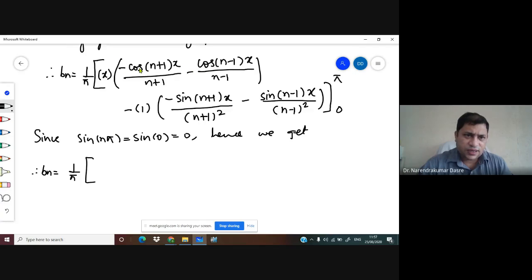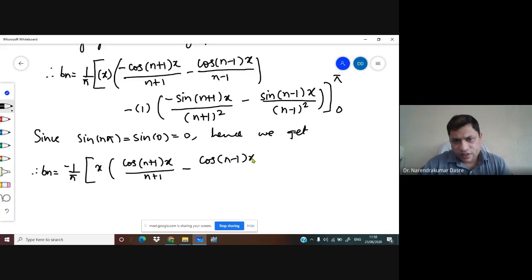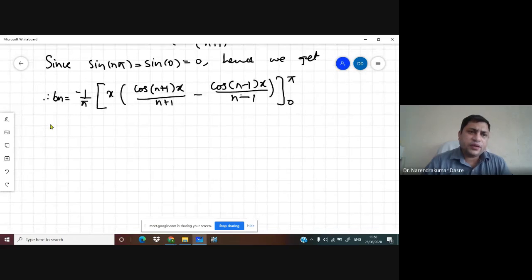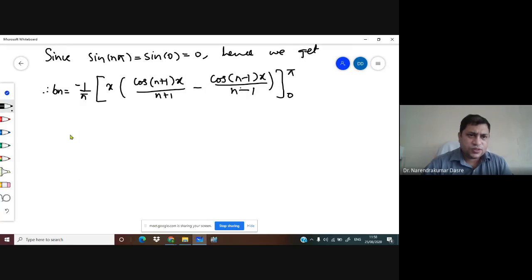This minus, if we can take out, I have this minus x, minus out, and this will become cos of n plus 1x upon n plus 1 minus, this is cos of n minus 1x upon n minus 1, and we have 0 to pi. Now let us apply these limits.